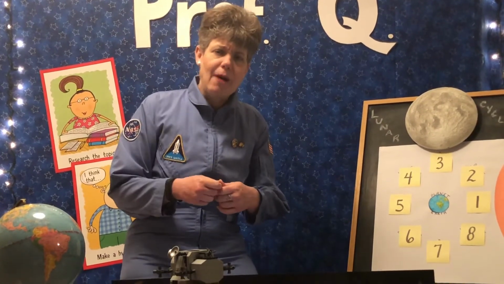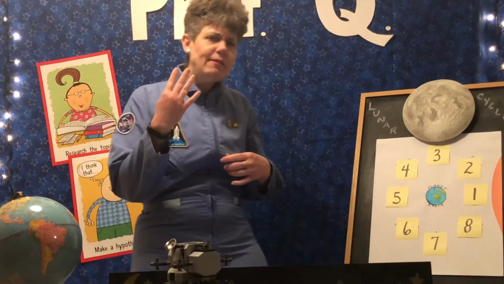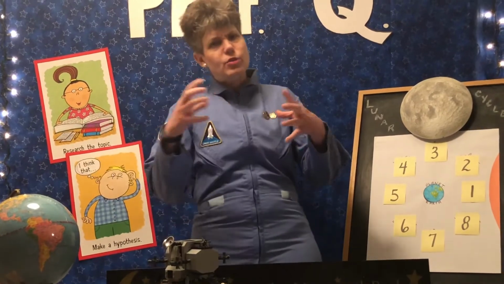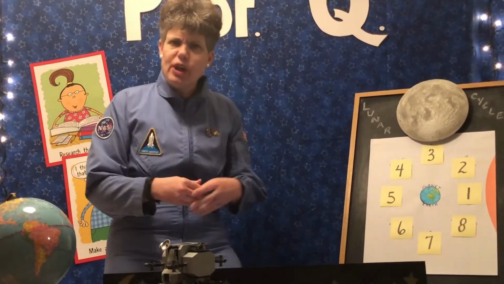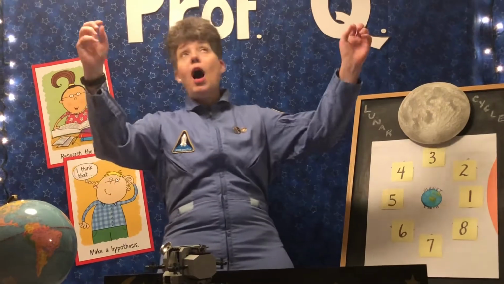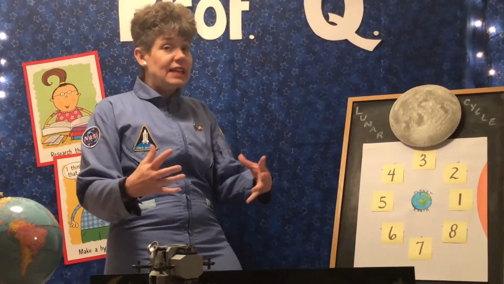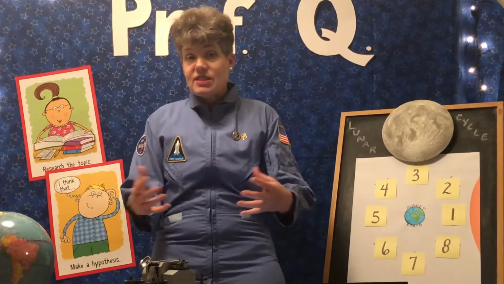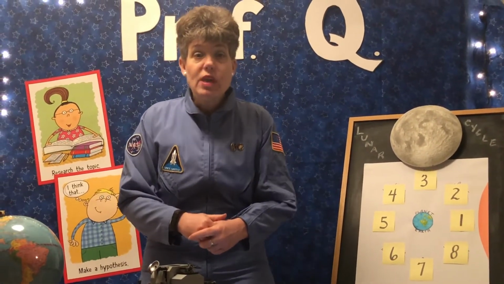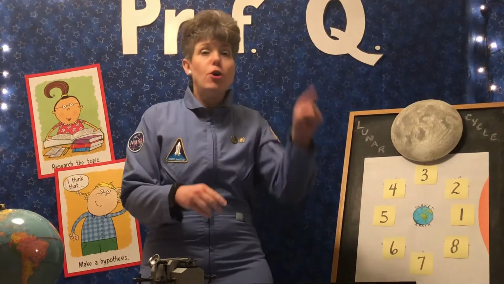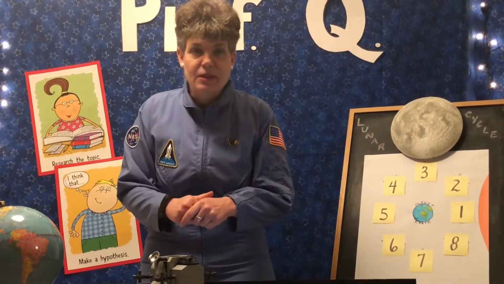Well, let's talk about four of the main phases that kindergarten through second grade students would have a pretty good grasp on when looking at the objects in the sky. So, one of the most prevalent objects that we see is when the moon is full. That's right.